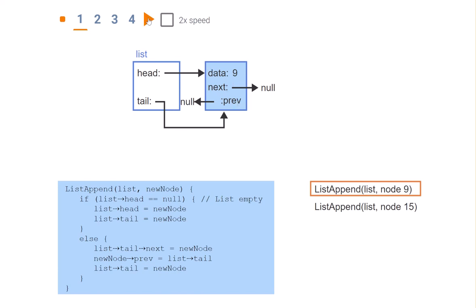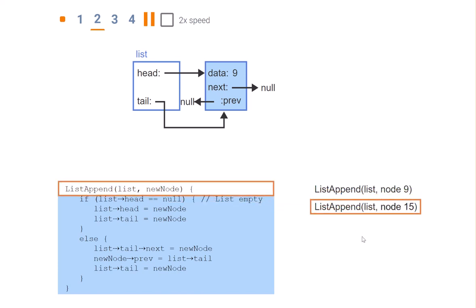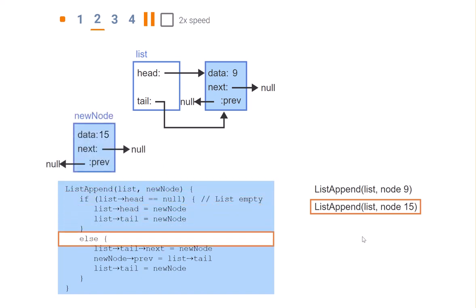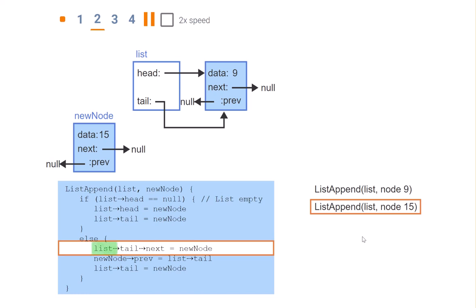Let's see what happens next. Here we're trying to append another node to this doubly linked list, and it skipped the first part of the code and went straight to else. Why? Because the list is no longer empty. It's not null.